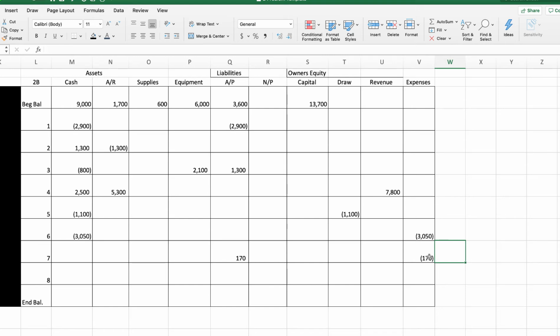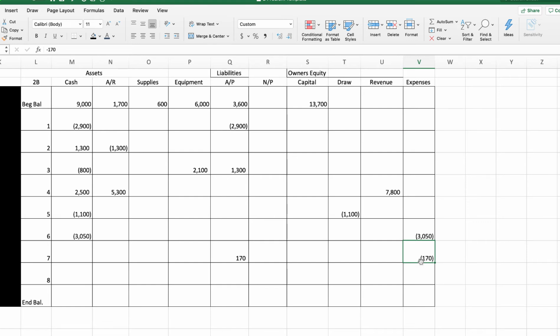Now, I know that my accounting equation, oh, yes it is. It is in balance, right? Because assets equal liabilities plus owner's equity, okay? So if I add these two, positive 170 and negative 170, they cancel each other out.